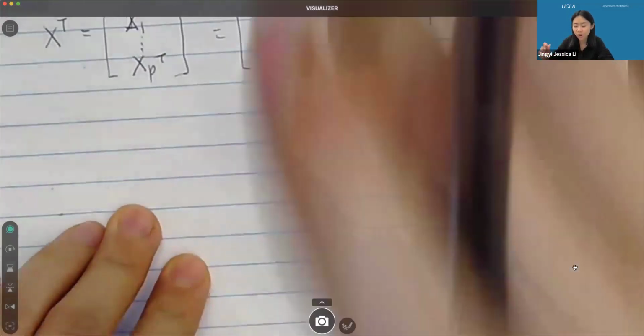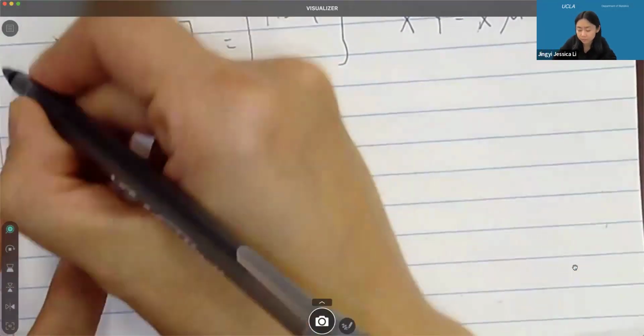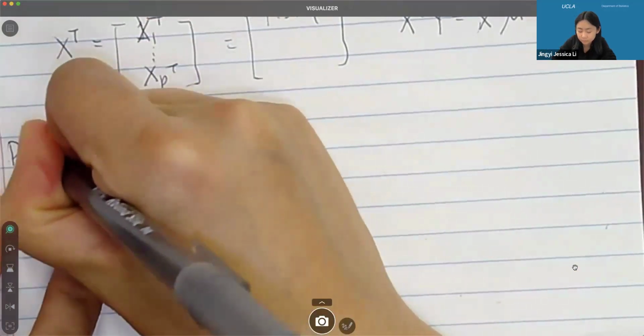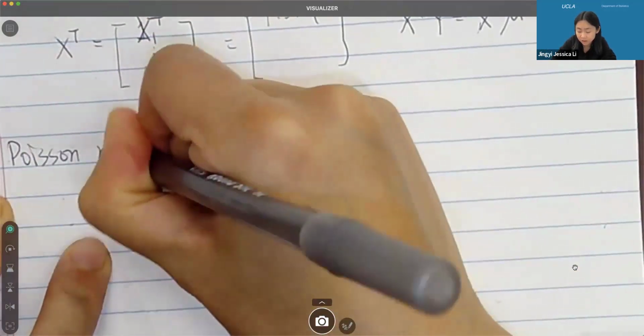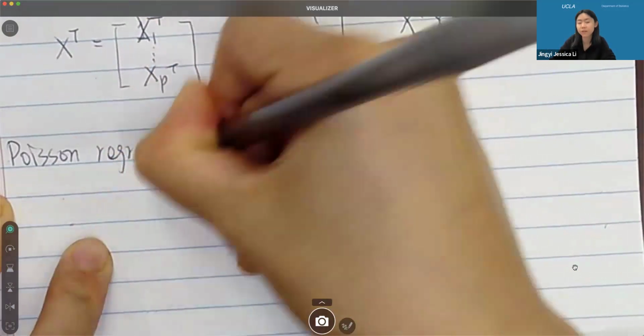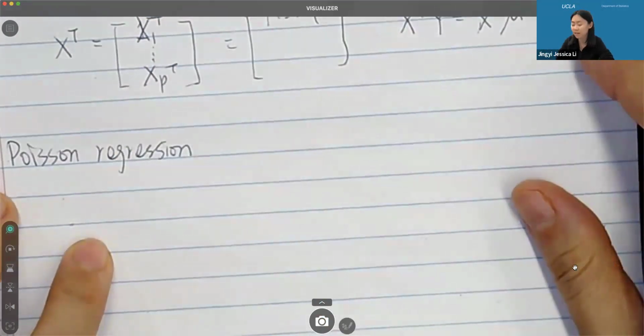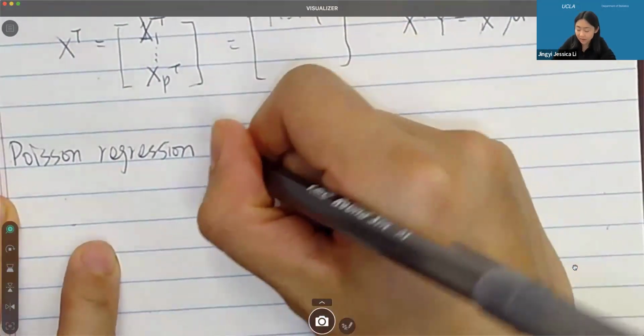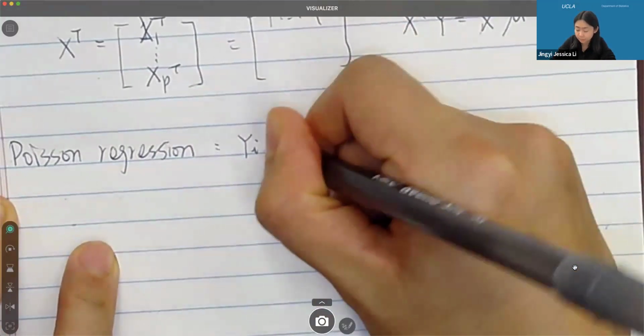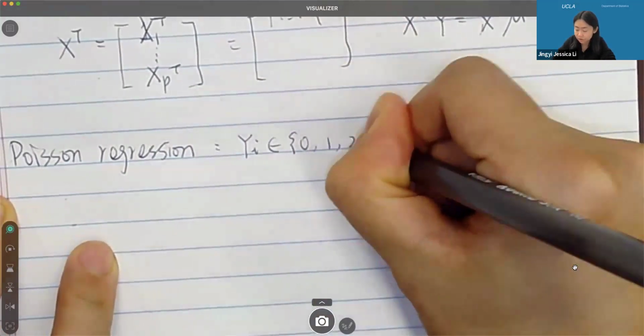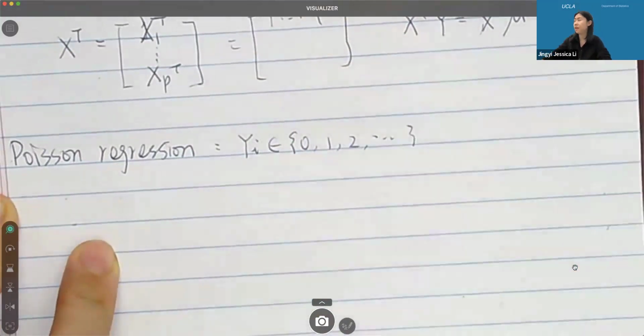Finally, we will introduce Poisson regression. Poisson regression is another type of GLM. Here, the yi's are counts: 0, 1, 2, up to infinity.